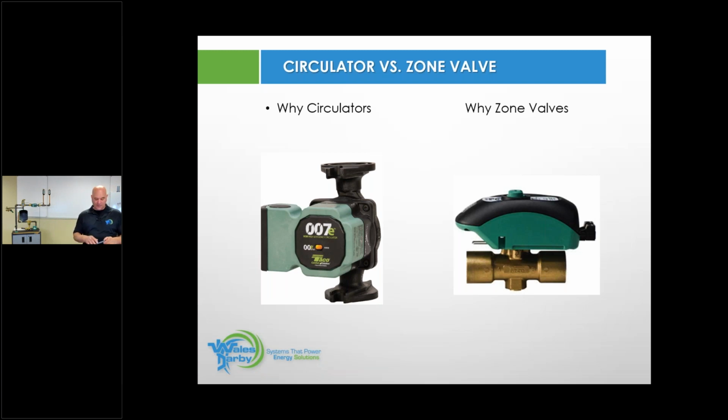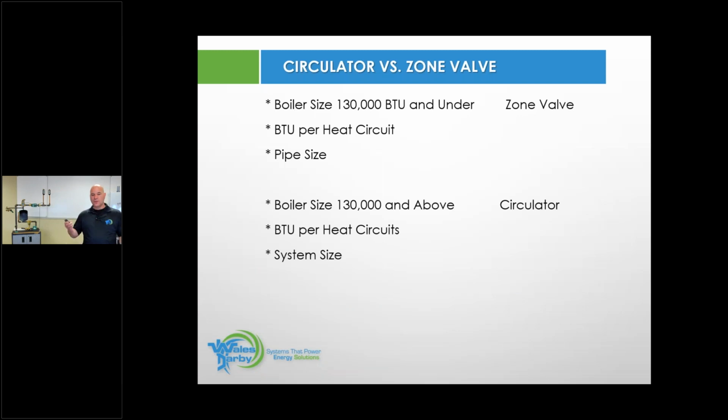But what we find in the field, whether you're a sales guy, a technician, or you spec boilers, is that right in that 110 to 130,000 BTU area is where we start to look at it being a zone valve job or a circulator job. And the reason behind that number is that we look at circulator curves.